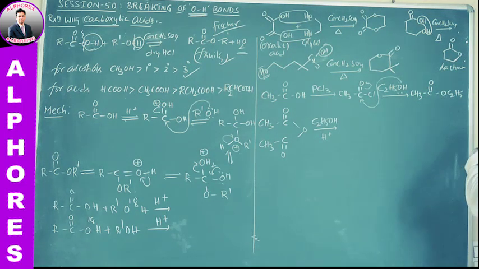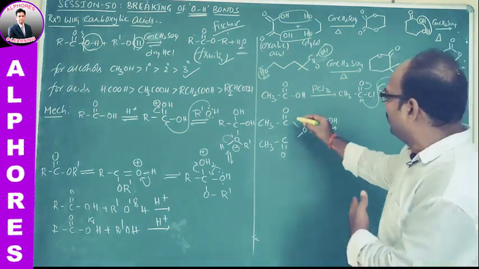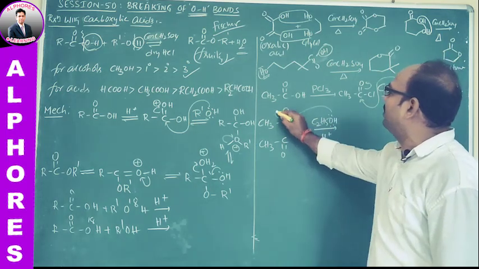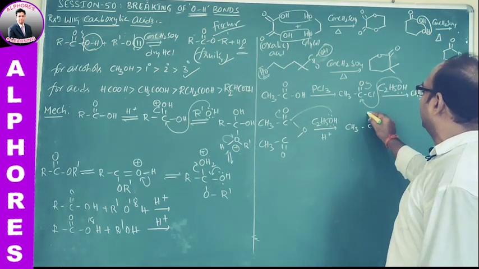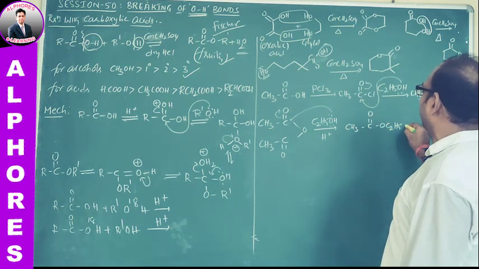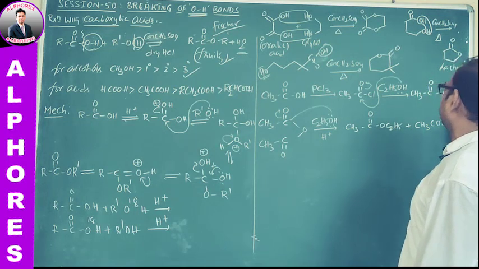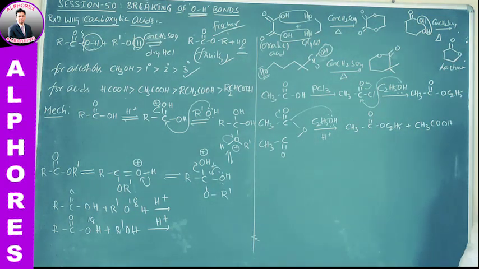This is what we call an ester. Not only acid chlorides but also anhydrides are involved in nucleophilic substitution reaction. The result is CH3 C double bond OC2H5 plus CH3COOH.